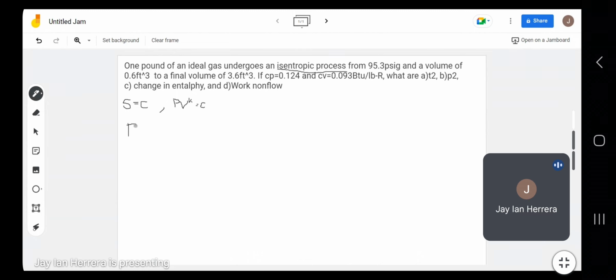For pressure and volume: P1 V1 raised to K is equivalent to P2 V2 raised to K. So only our volumes are affected by the exponent, the specific heat ratio.